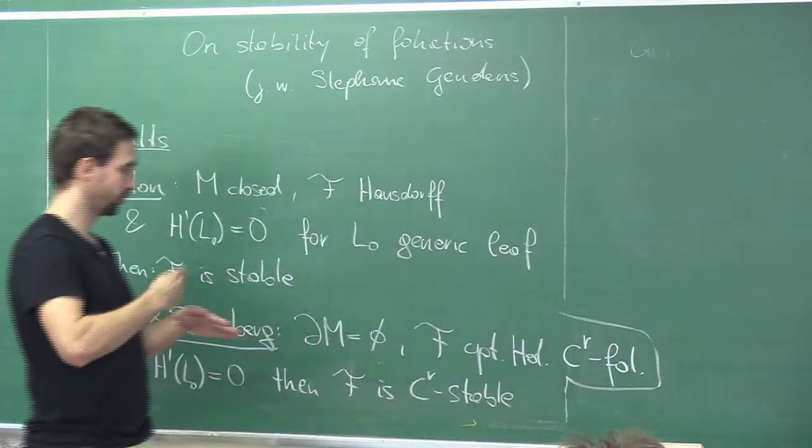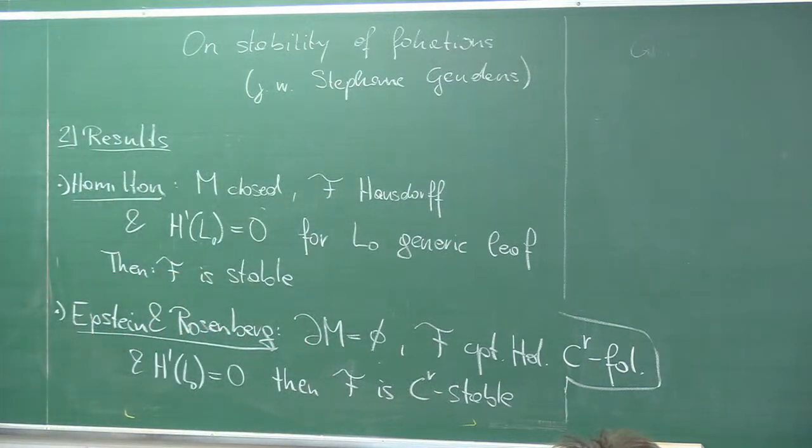Meaning that you do not find like, yes. That's also something, yes. So you still have the generic leaf and you still require that to be vectorial cohomology.